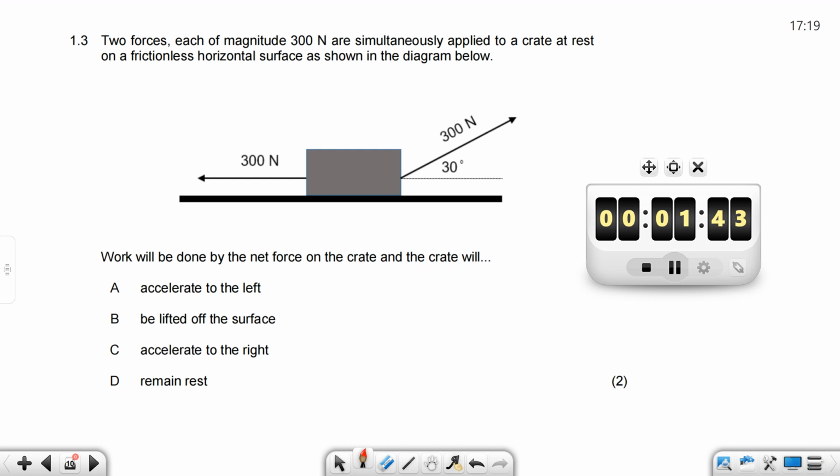Share your answers. Share your answers quickly once you're done.